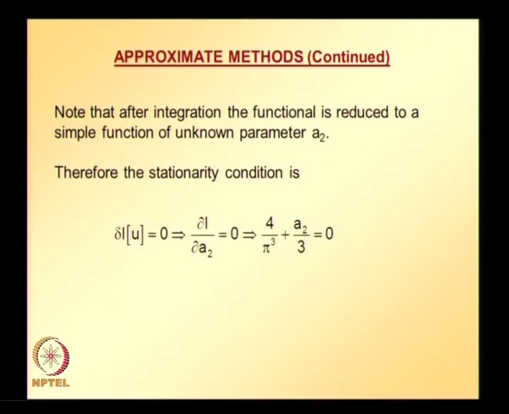That means the partial derivative of that function with respect to the unknown parameter is equal to 0. So, we get one equation and one unknown, and we can solve for a2.